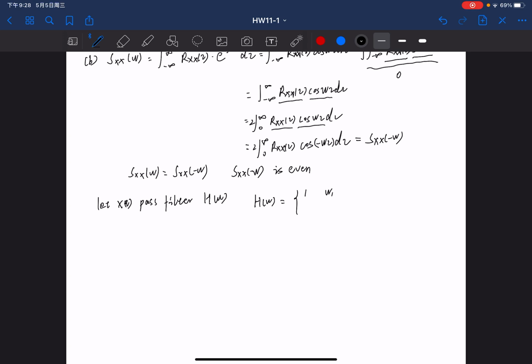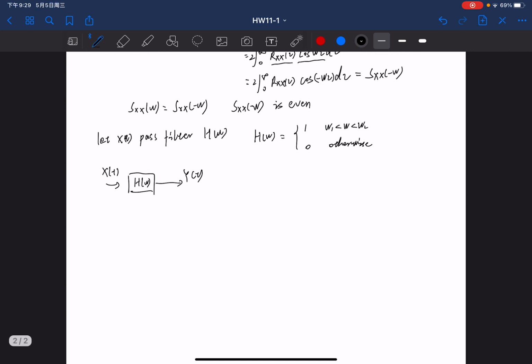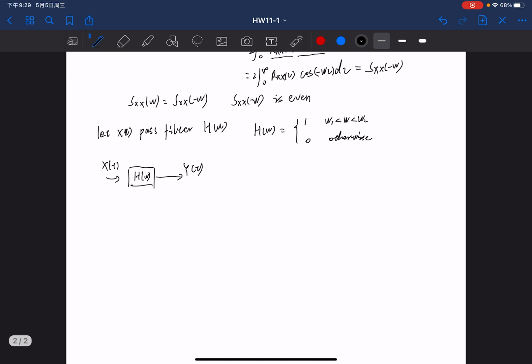When omega is between omega 1 and omega 2, we let it equal 1, and otherwise we let it equal 0. And when x(t) passes this filter, we can get y(t).